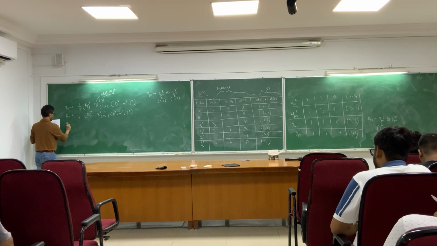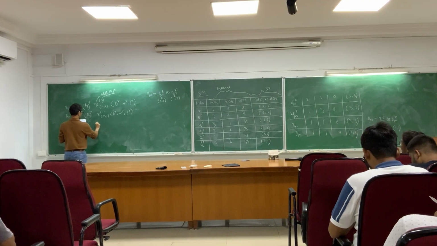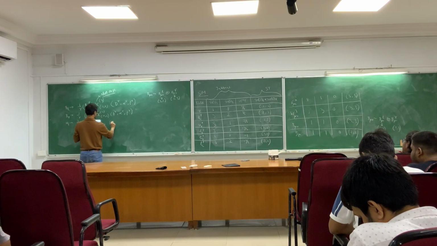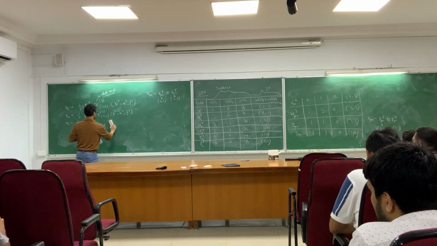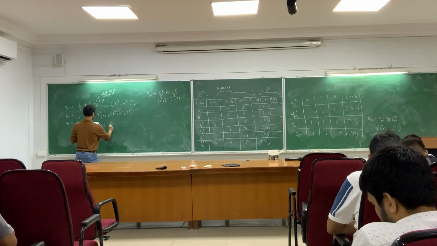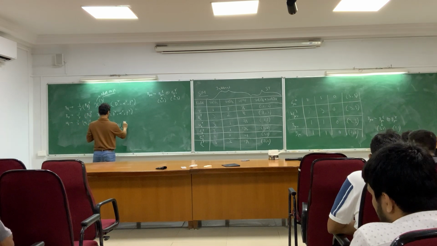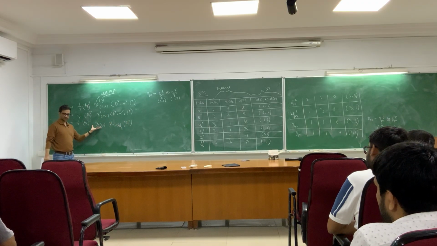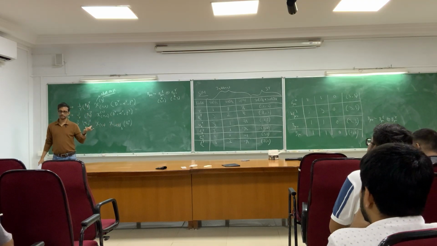And similarly, you have WL going as 1 by r, comma 0. I am not writing this again and again because it's a very similar thing. This is absolutely the same, but this is a new one because B doesn't contain any U1 charge.